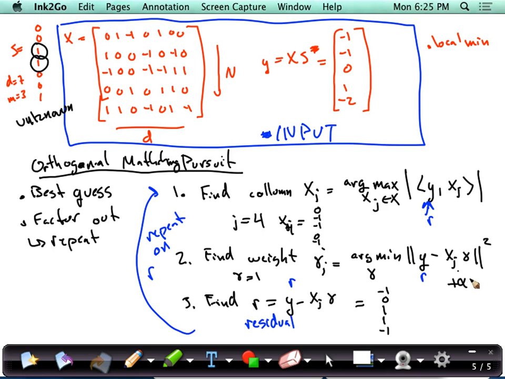So I'm going to add some penalty, so some constant times the norm of gamma. So I want to penalize for having large values inside of here. This will also tend to give me a sparser solution. We previewed this in the first lecture on regression. We did the overview.